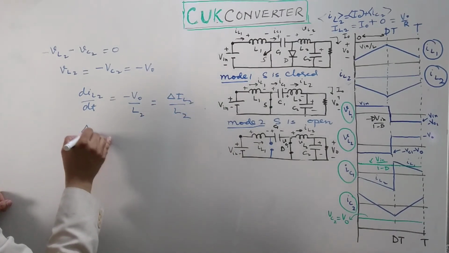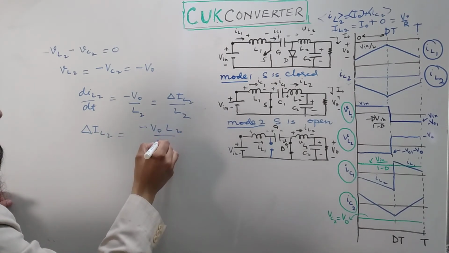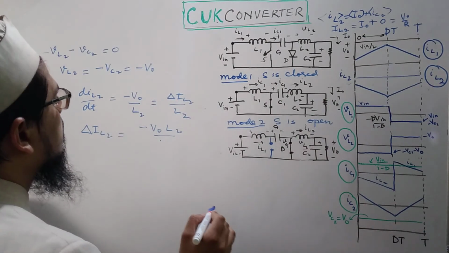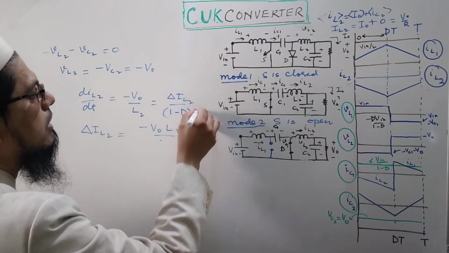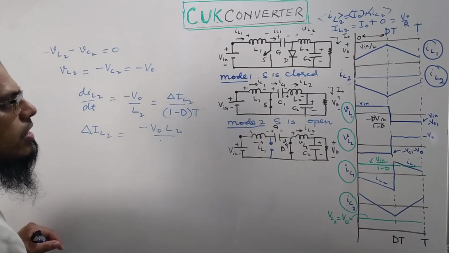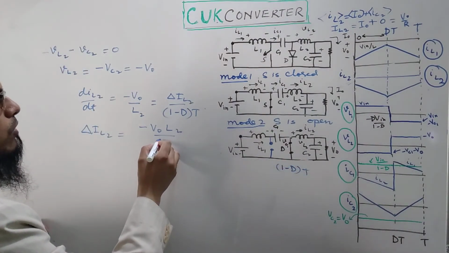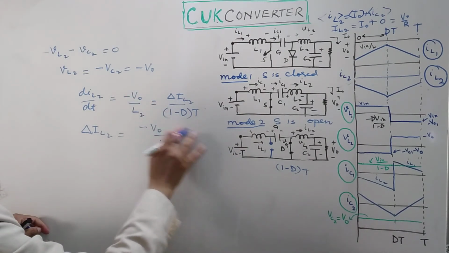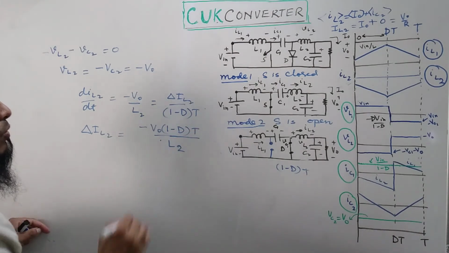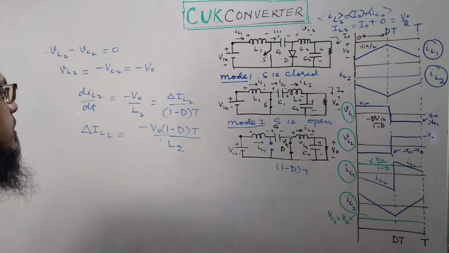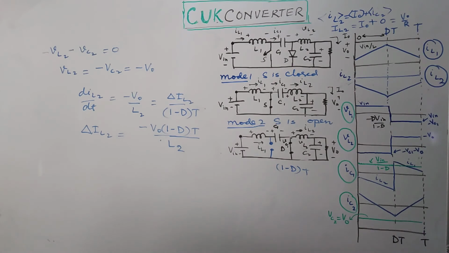So from here you can write delta IL2 is equal to minus V naught, sorry, the time duration of the second mode was 1 minus d times T. So bring here 1 minus d times T and upon L2. So this is the expression for the inductor ripple in L2.